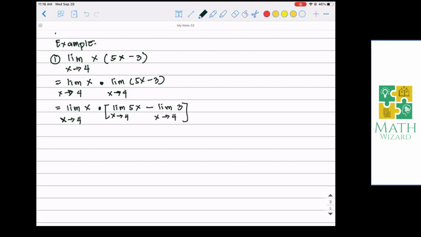Yan. And then we look for the limit. So the limit of x as x approaches to 4, kapag naghahanap tayo ng limit ng x, ang magiging sagot natin kung saan nag-a-approach si x. Kaya it is 4. And then, multiply natin to, we look for the limit of 5x as x approaches to 4.